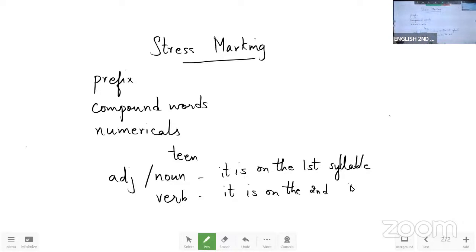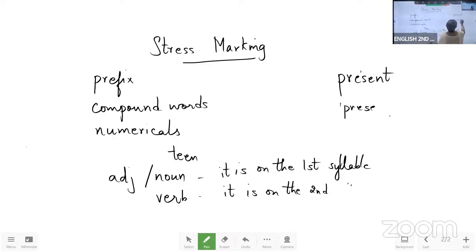How will we know it's an adjective, noun? These are disyllabic words like present, absent. Present, the gift given to you, it is a verb. So it is put on the second syllable. But present, you are present, noun.